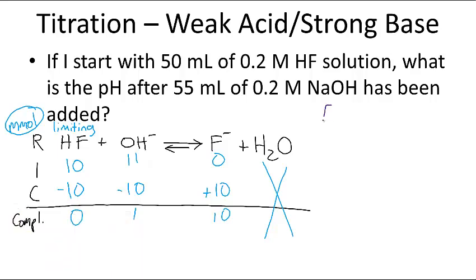So concentration of OH minus is 1 millimole divided by 105 milliliters. So, I don't know, 0.009 something, 0.0095.